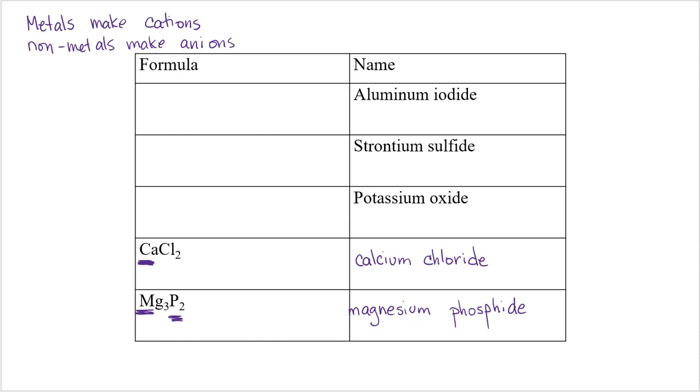Again, I said this in class and I'm going to say it again. The best way to do this is to take your time. Don't go too fast. Slow down. Always go back to the ions. Okay, so aluminum is a metal. Aluminum is in group 3 of the periodic table.